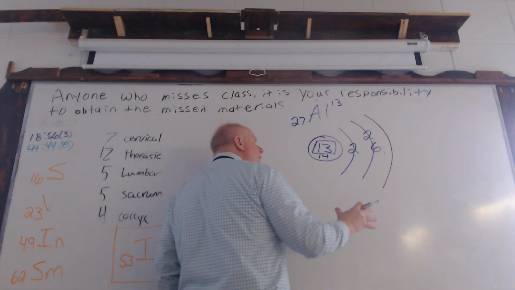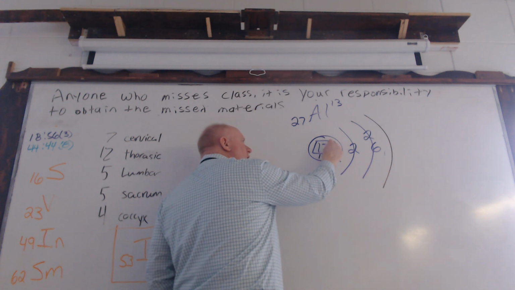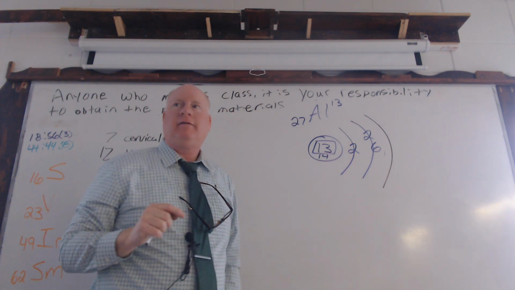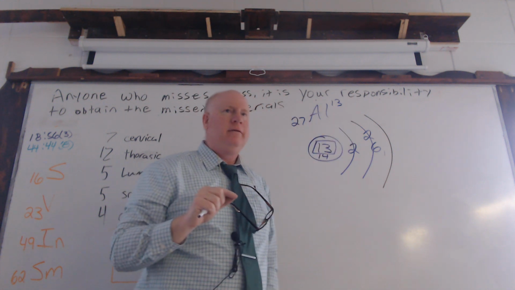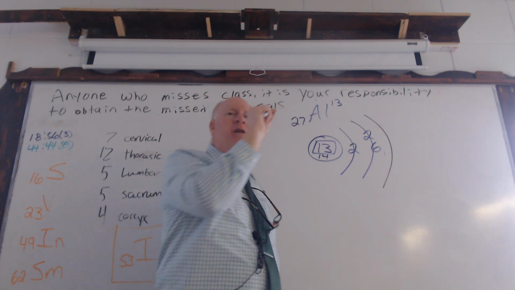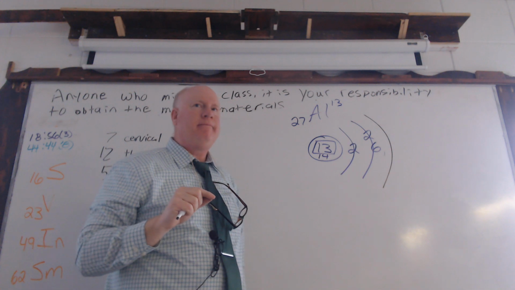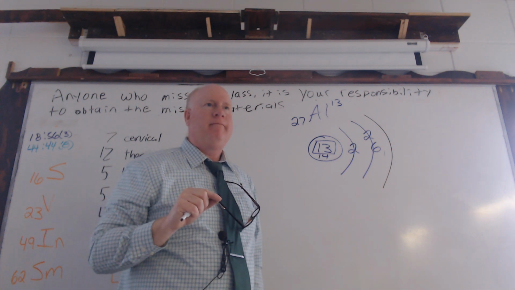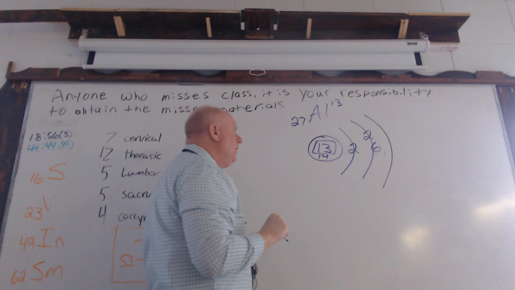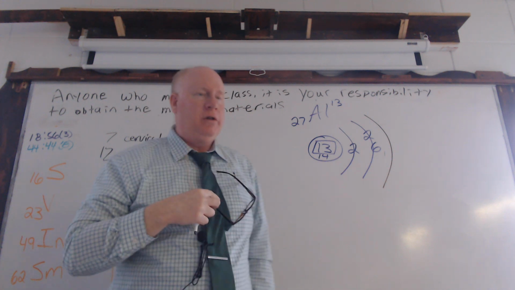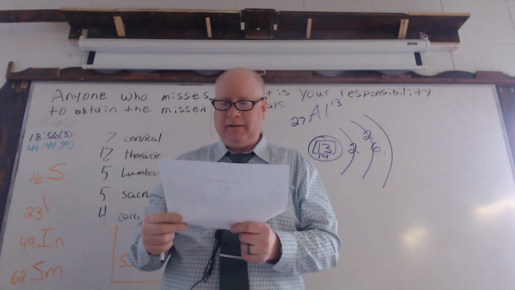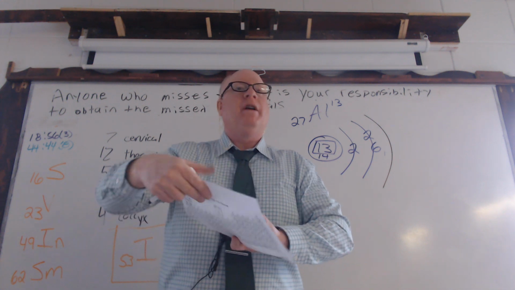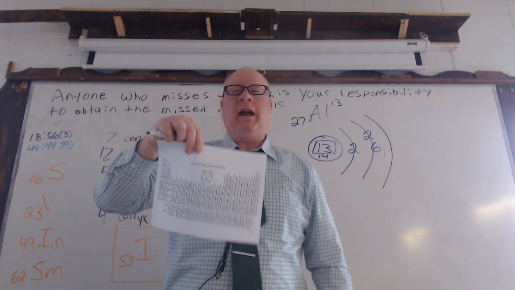So now, how many positive charges are in the center? How many negative charges are on the outside? How many are on the outside? 10. Okay? So now, once you look at aluminum's box, what does it say in the upper right-hand corner?